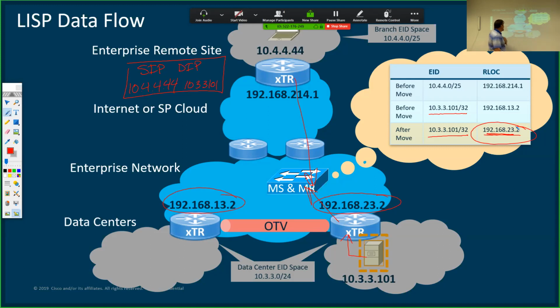My proxy ingress tunnel router is going to add a new IP header on the outside of this information. It'll be a source IP address of the proxy ingress tunnel router, in this case 192.168.214.1. Its destination IP address in this external header will be 192.168.23.2.